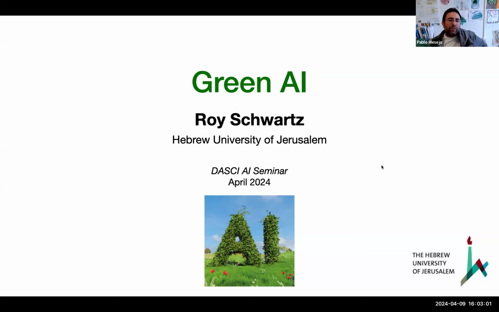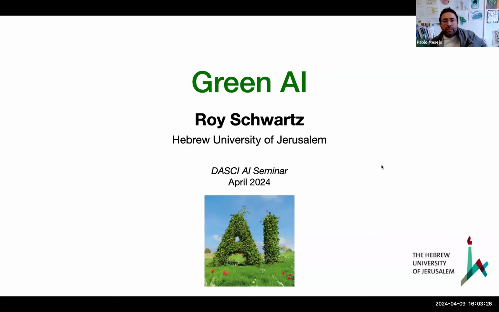He's a senior lecturer at the School of Computer Science and Engineering at the Hebrew University of Jerusalem. Roy studies natural language processing and artificial intelligence. Prior to joining his current institution, Roy was a postdoc and then a research associate scientist at the Allen Institute for AI and at the University of Washington, where he worked with Noah A. Smith.